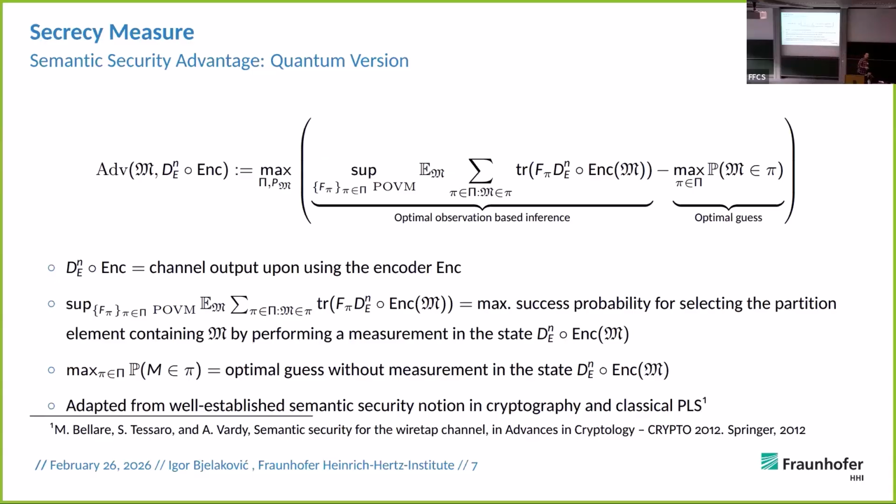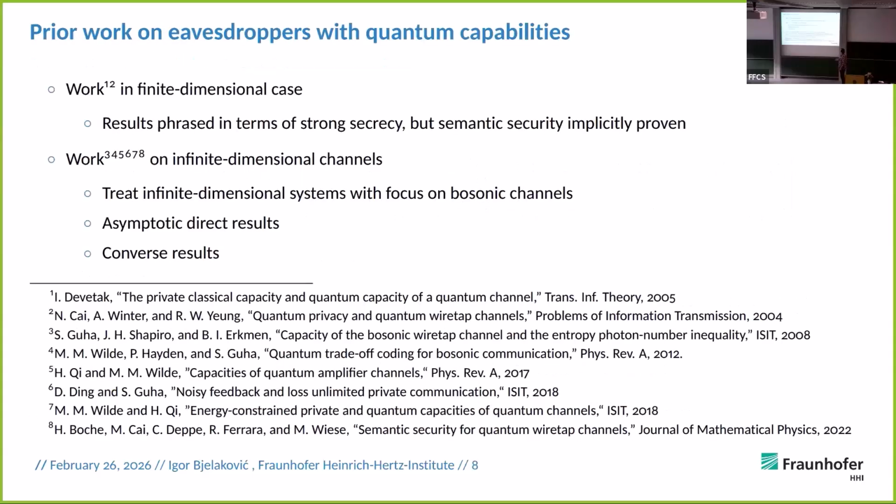It's an incarnation of distinguishing secrecy, which is equivalent to semantic security up to constant factors or something like that. Then there's some work by Christian and Moritz, who is here, and Holger, on how to convert codes for strong secrecy into semantic secrecy, and to take some constructions to infinite dimension.